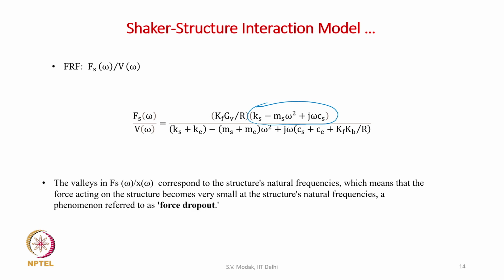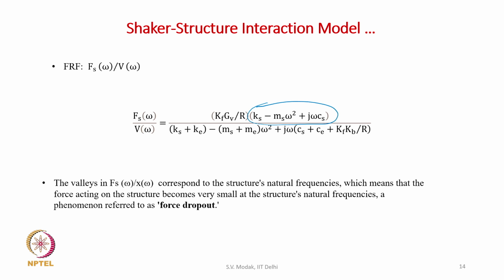Therefore, the frequencies at which the Fs upon V FRF magnitude is very small, correspond to the structure's natural frequencies, which means that the force shared by the structure becomes very small at the structure's natural frequencies, and this phenomenon is referred to as force dropout, correct.